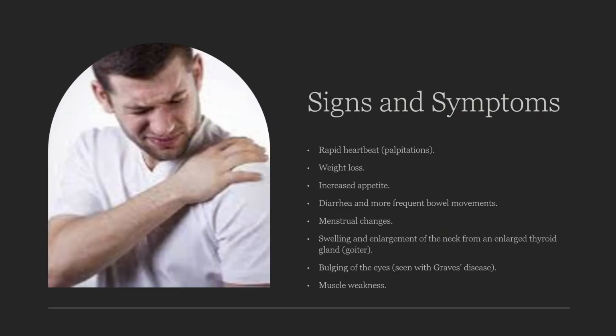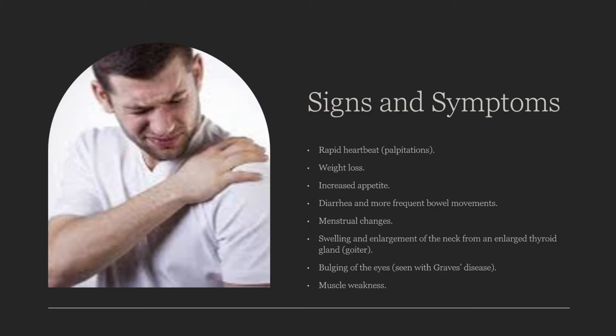Looking at signs and symptoms. So one may ask, how do I determine this? How can I determine that I have it? Some symptoms of hyperthyroidism include a rapid heartbeat, also called palpitations. If people are feeling shaky, nervous, some weight loss can be observed.